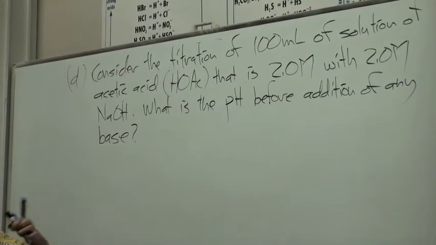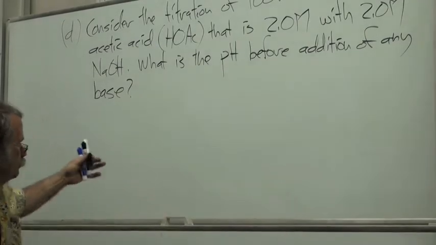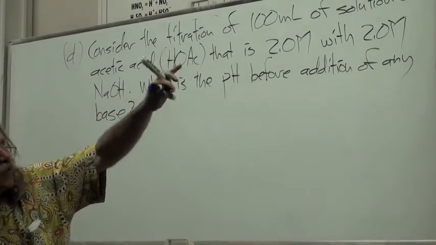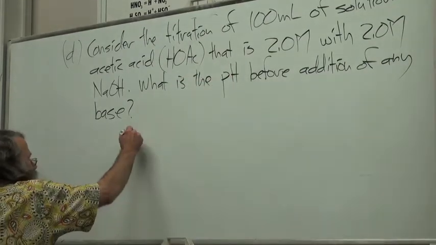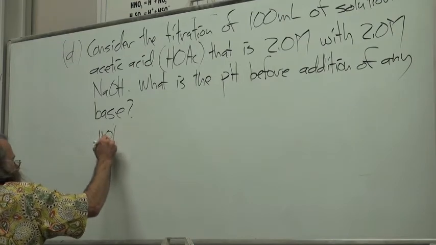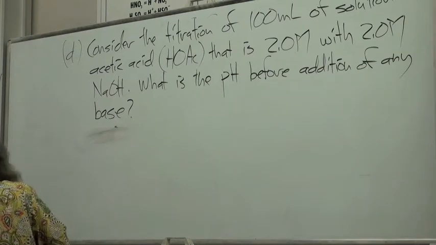First we have to do what? We're going to hit the ICE table, but I need to write the reaction out so I can do the ICE. I'll do this in a different color to distinguish it.